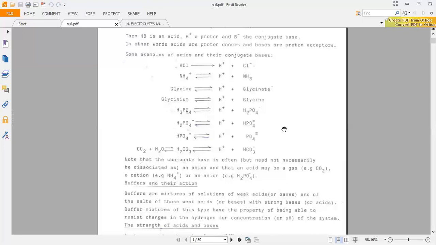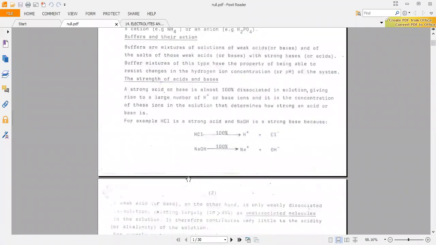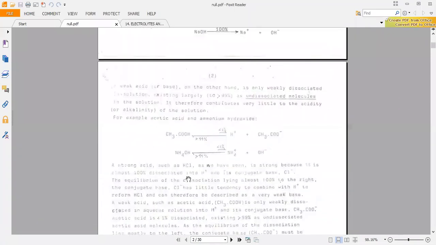So if I inject you with H plus ions, your body has a way of dealing with it such that the pH does not change significantly. Let's look at some of the buffer solutions.